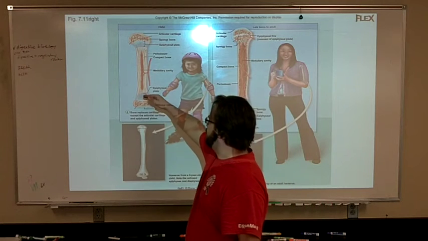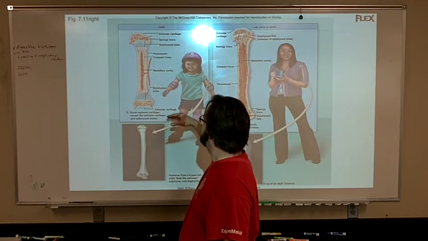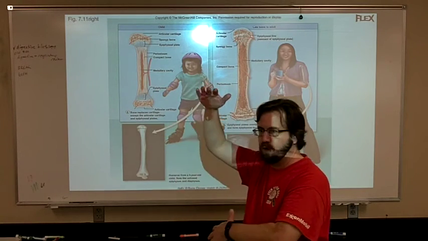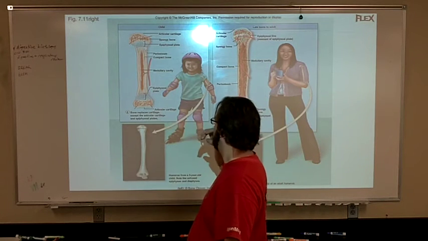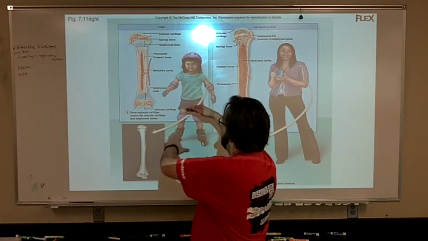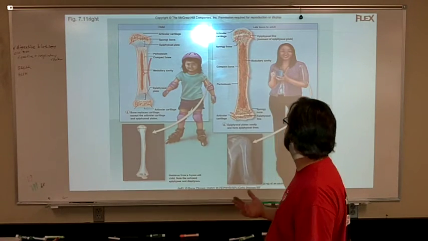And so that's constantly pushing out on the epiphysis to make more diaphysis. So you're making the bone longer, but maintaining more or less the shape of each epiphysis. And so that is basically going to stretch out all of these bones as the child grows.